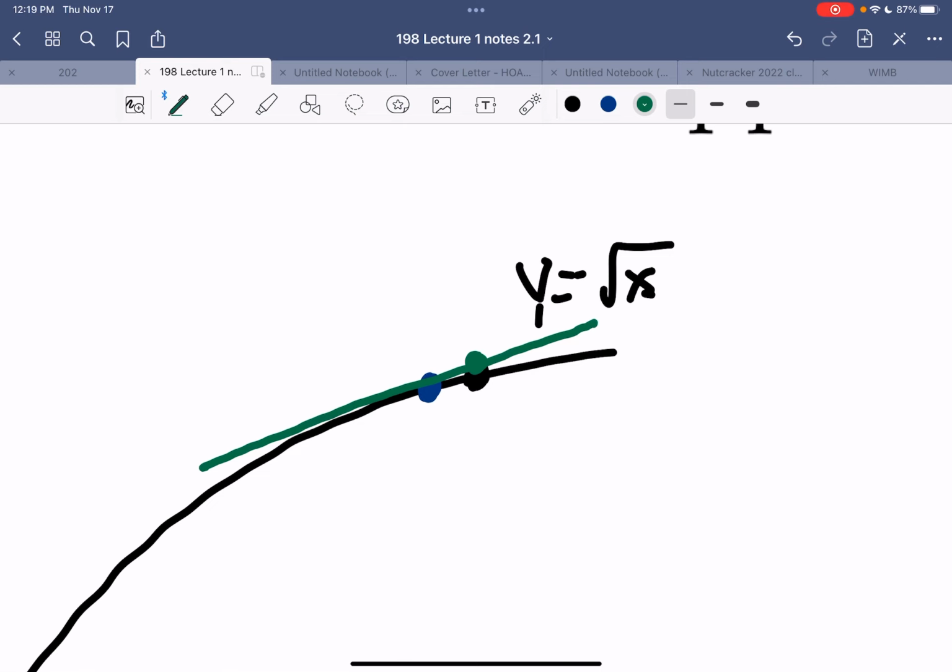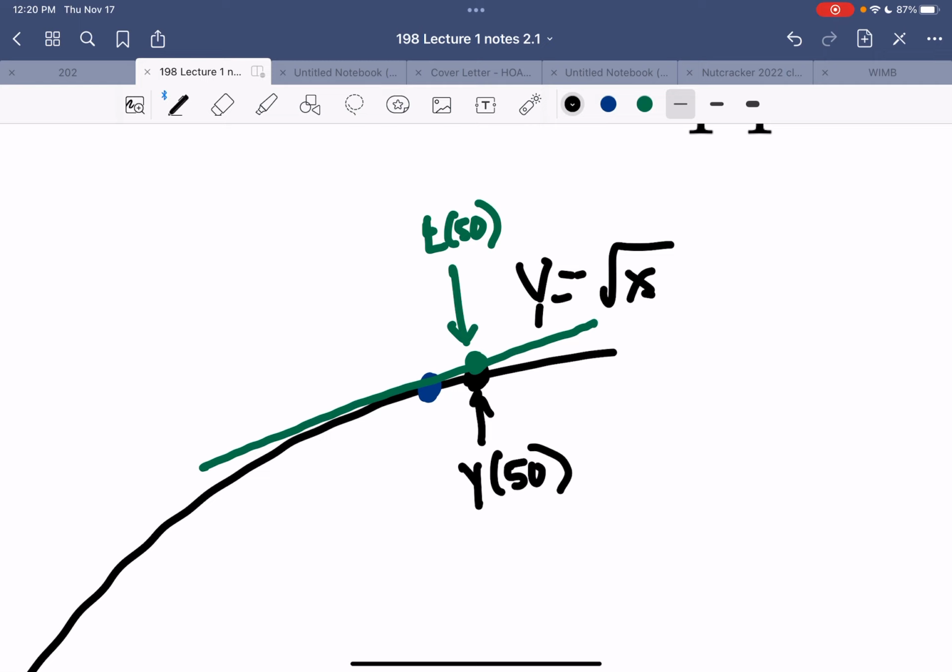So what we're going to do is we're going to call this the linear approximation. This is what we're going to call L of 50. The black dot is the y of 50, right?